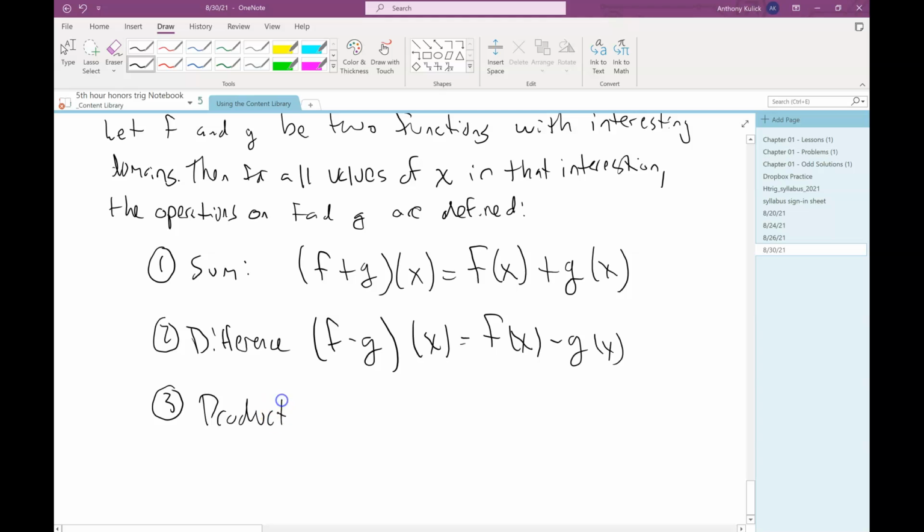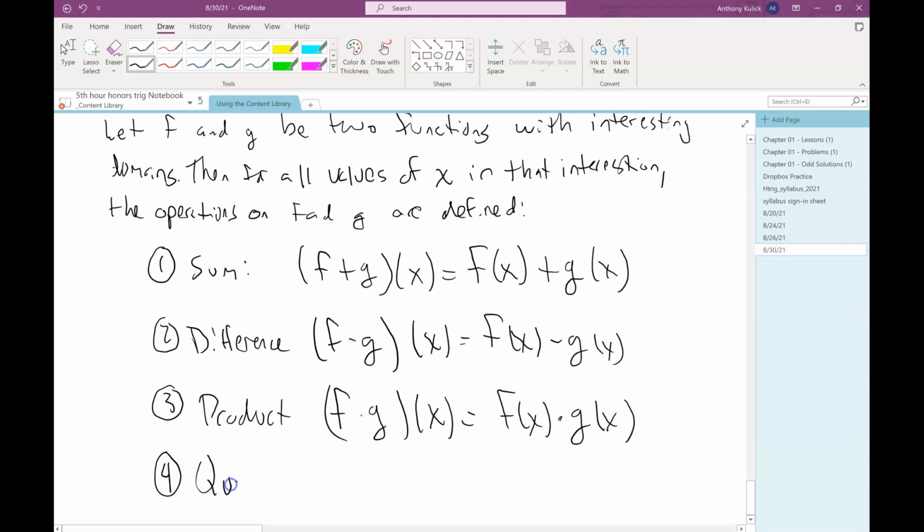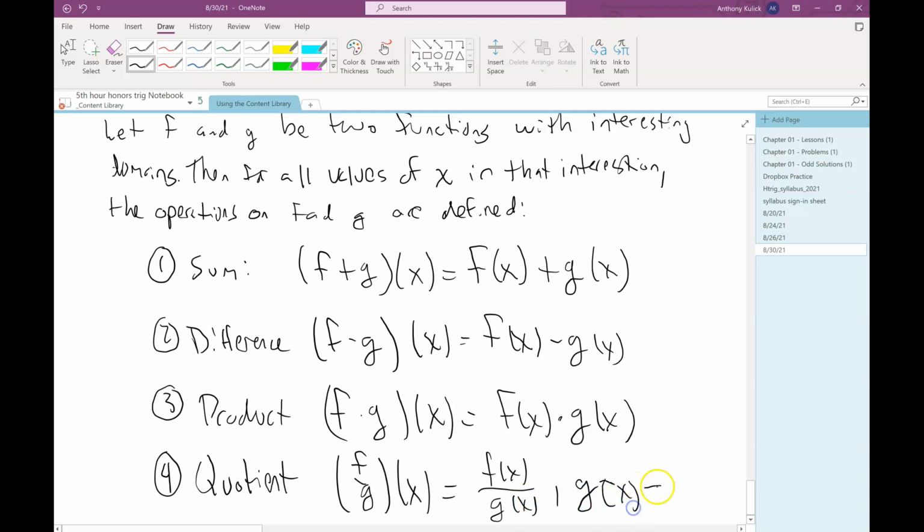There's product. So f times g evaluated at x is just f of x times g of x. And quotient. So f divided by g evaluated at x is f of x divided by g of x, given that g of x is non-zero.